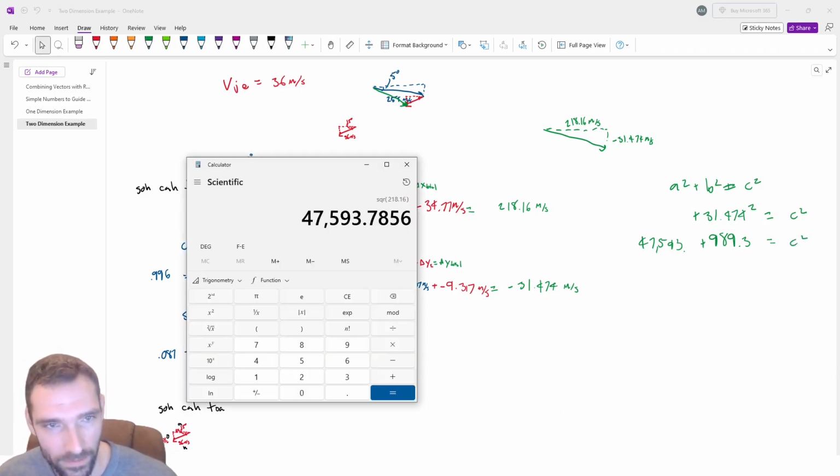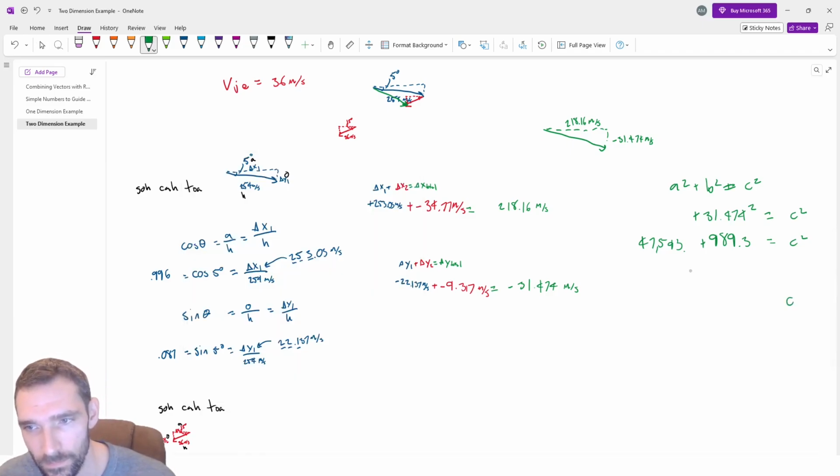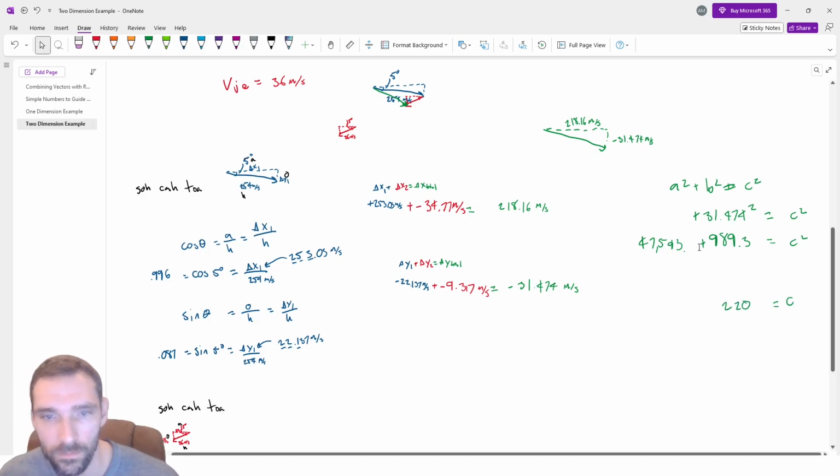So we add those together. Yep, that sounds about right. And then we square root that. I'm getting 220.4 meters per second, which is appropriate.